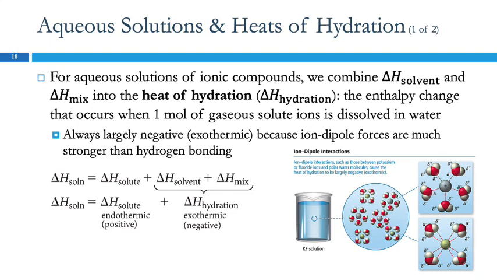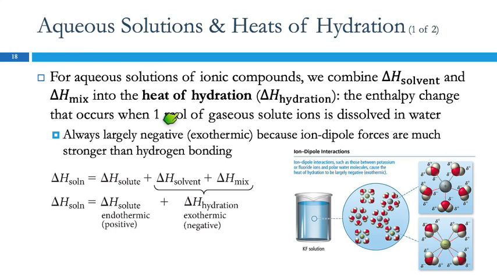So we're mostly looking at aqueous solutions of ionic compounds. And so what we can do here is we can combine that delta H solvent, so that's separating the water molecules, and delta H of mixing the ions in with these separated solvent particles.